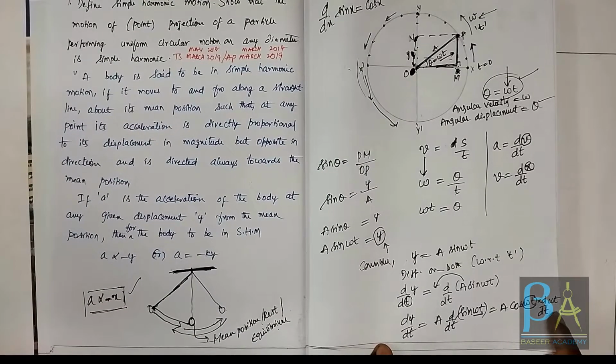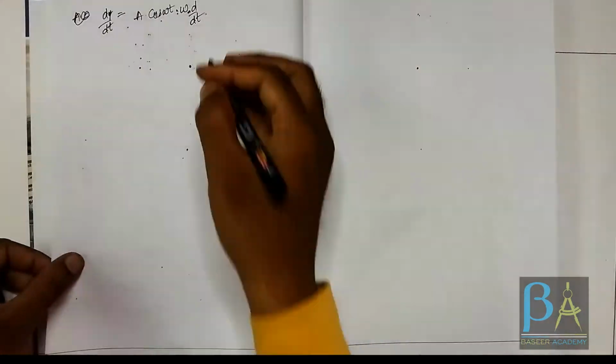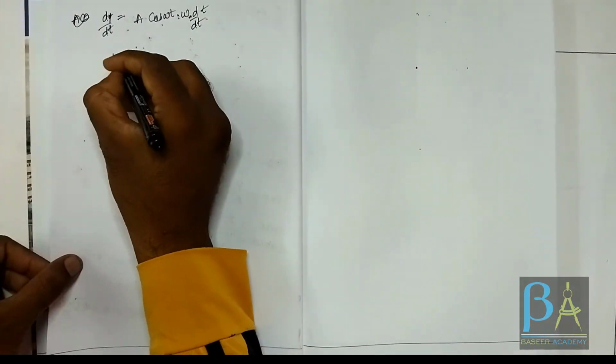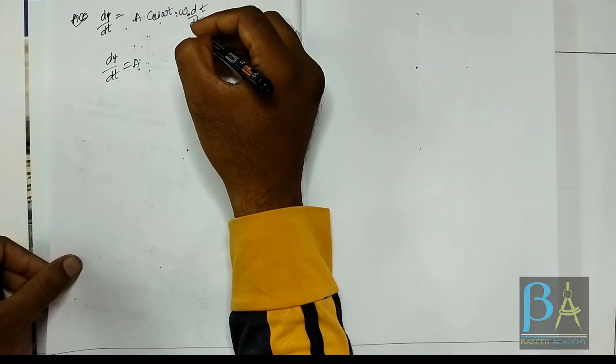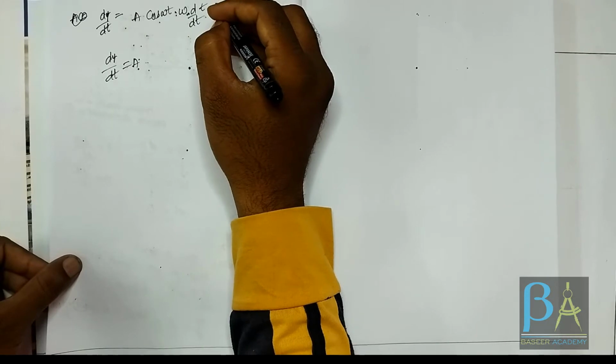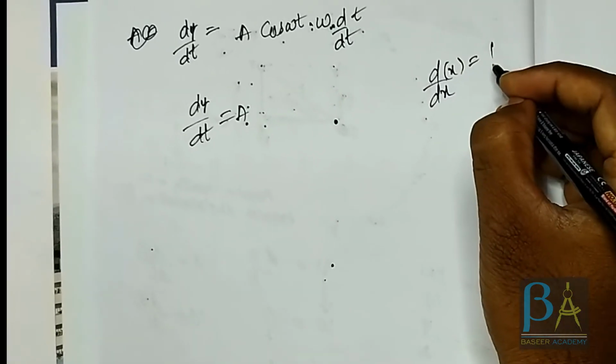It doesn't change. So the constant omega, let me take it out of the differential, and then I'm only left with t inside the differential. And you know for a fact that if you differentiate t with respect to t, you end up getting 1, isn't it? You must be aware of this. D by dx of x is 1.